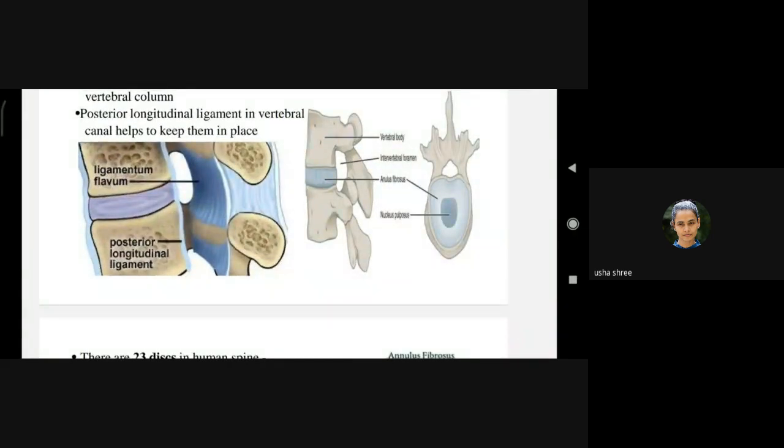Now, what does this do? This is a ligament in the vertebral canal, and it helps to keep them in place.